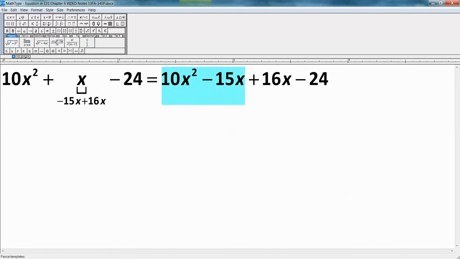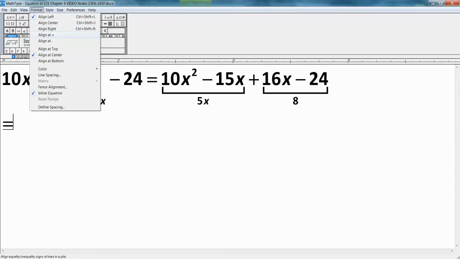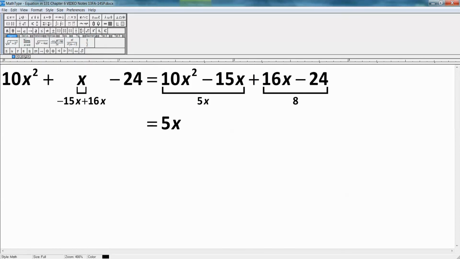You look at the first two terms. They both have 5x. So we can take a 5x out of those. And then we look at the back two terms, and they both are going to have an 8. So we can take an 8 out. Okay, so 5x comes out, leaves you 2x minus 3.